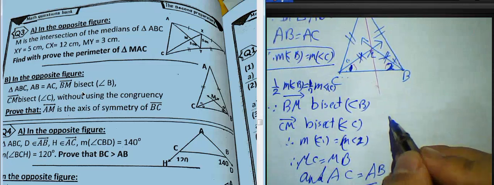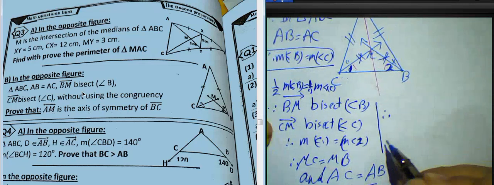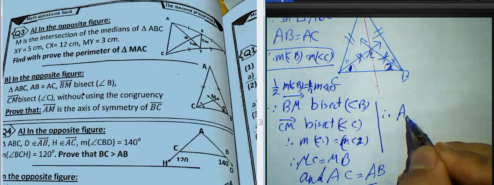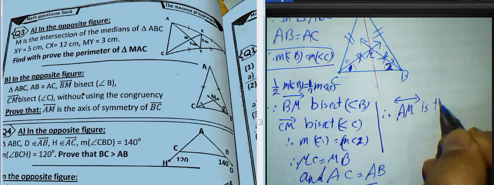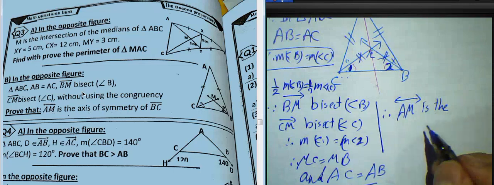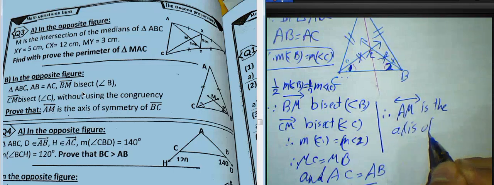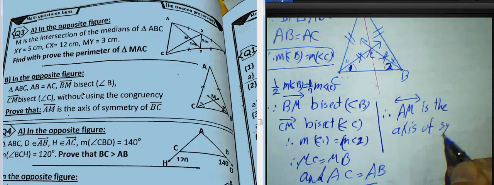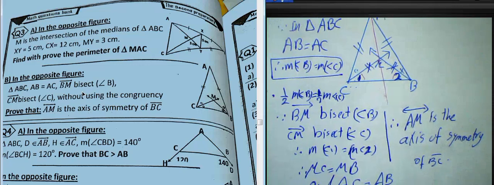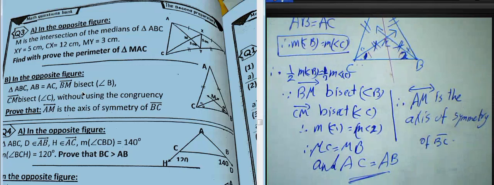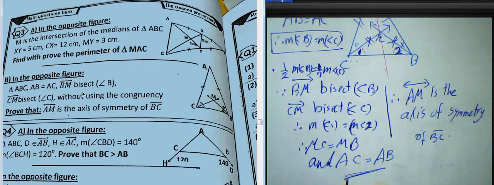So we can write then that the straight line AM is the line of symmetry, the axis of symmetry of base BC. It's okay because the triangle here is isosceles.